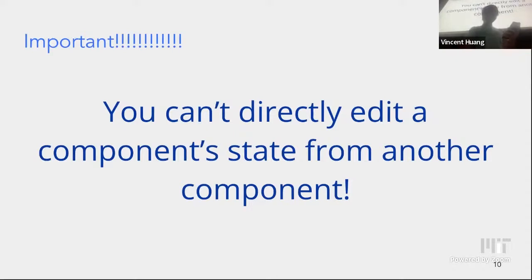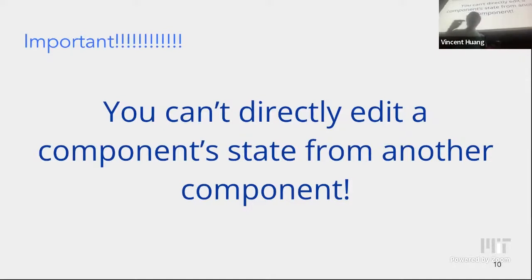The problem with this is that there are use cases where you might want one component to affect another component's state, right? You can imagine, for example, a post component, and the post has a child component, which is a like button. And the post component has a state variable, which is the number of likes.